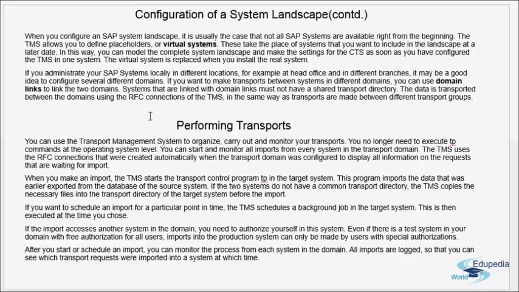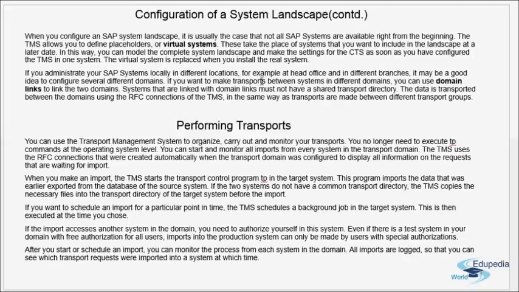In that case, the TMS allows us to define placeholders which are known as virtual systems. These take the place of the systems that you want to include in the landscape at a later date. In this way, you can model the complete system landscape and make the settings for the CTS as soon as you have configured the TMS in one system.